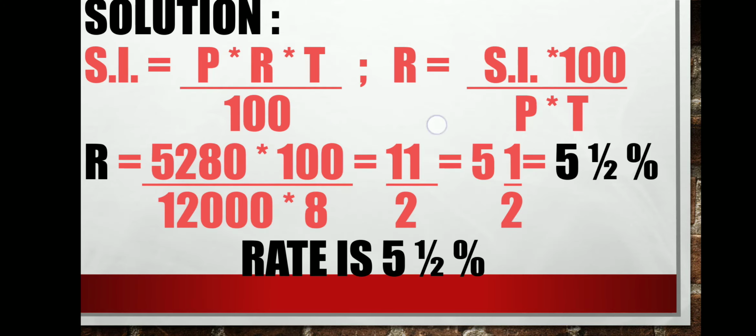We know that rate of interest equals to SI into 100 divided by P into T. Now we'll just put the value of all these items. SI 5,280 into 100 divided by principal, that is 12,000, into time, that is 8. And this comes to 11 by 2. And when this improper fraction is divided, we get mixed fraction 5 whole 1 by 2. So 5.5% is the rate of interest.